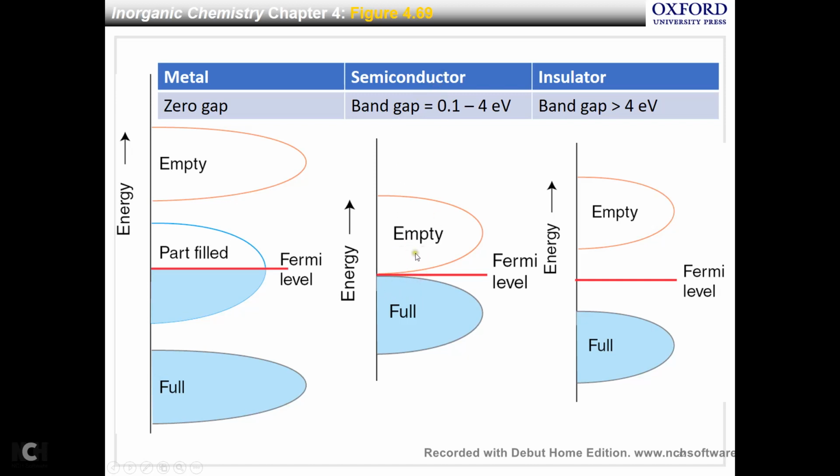And then the electrons in this conduction band can move freely. At the same time, when some electrons leave the valence band, they will leave some holes here. The holes with a positive charge can move around as well.